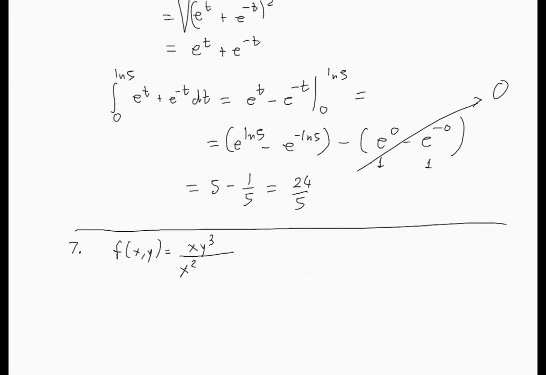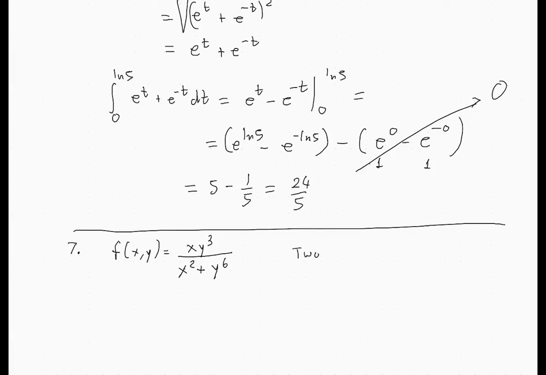And we would like to show, using the two-path method, so use the two-path method. The two-path method can be used only for one thing, and that is to show that the limit doesn't exist. So somehow we're told here that the limit does not exist, and we wish to use the two-path method in order to establish that.